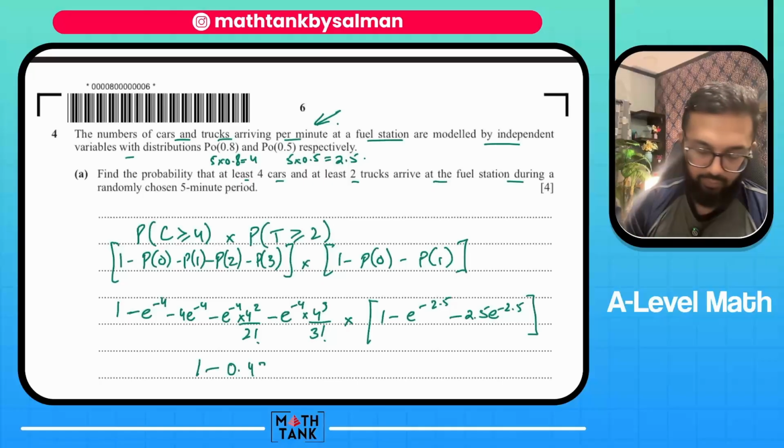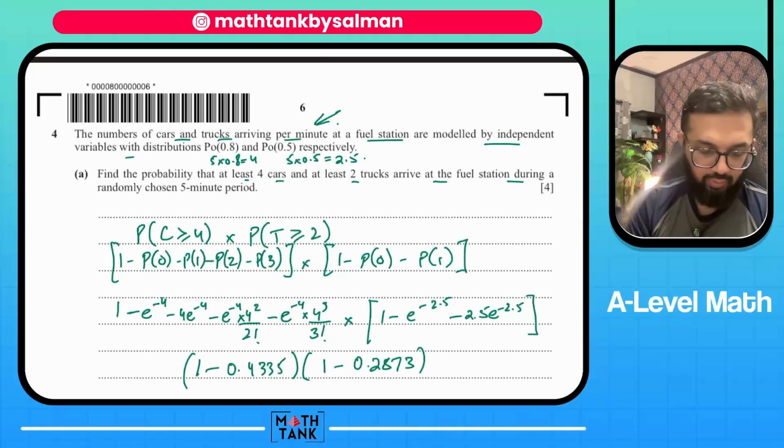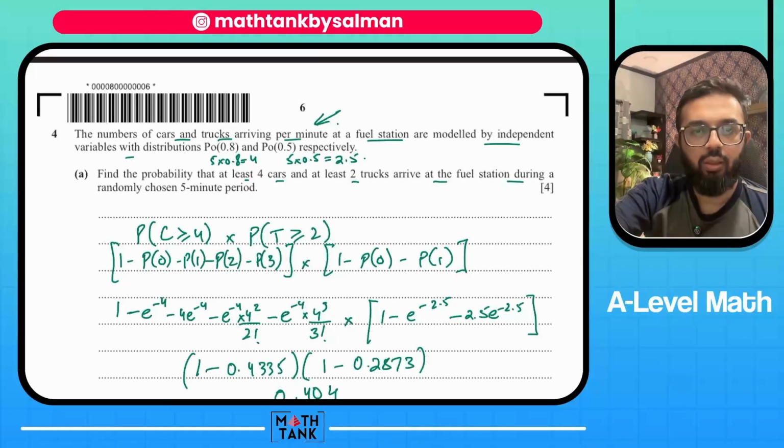One minus 0.4335. 0.287. 0.404. Yep, that is the correct one.